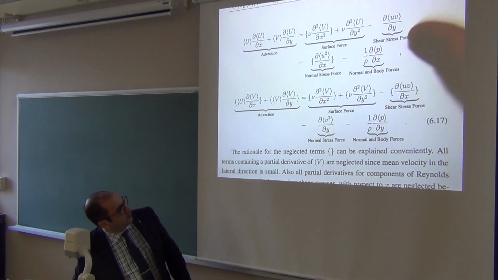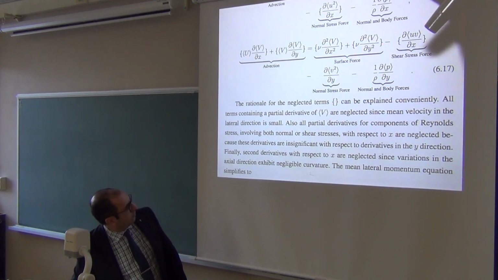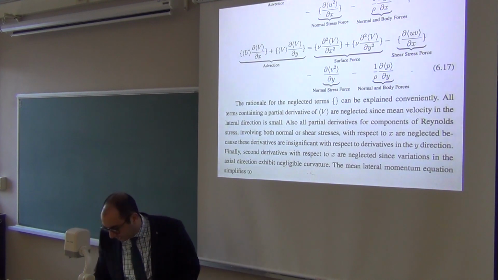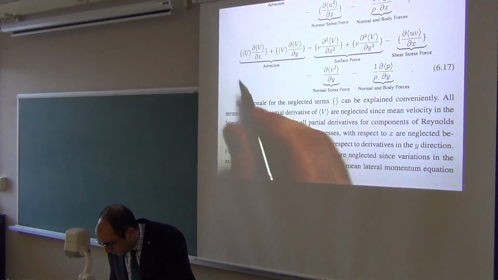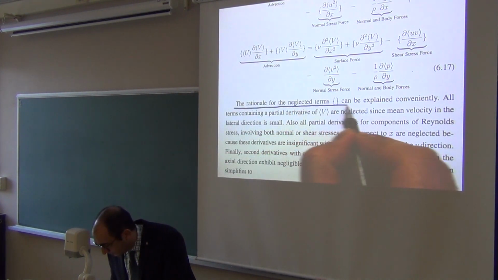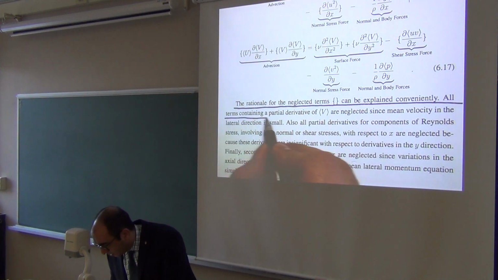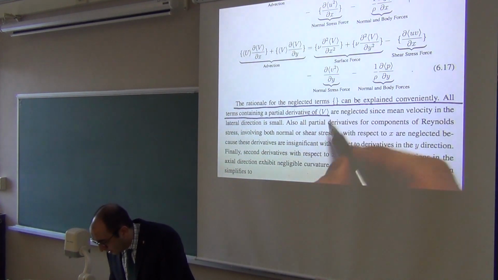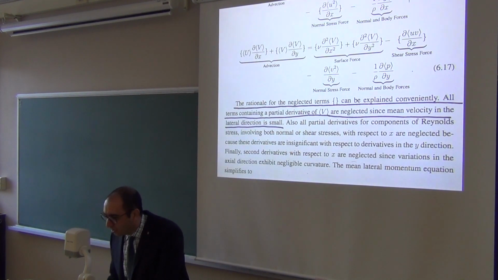I will reinforce the assumptions one more time here in the text. I can underline so the material will settle in. The rationale for the neglected terms in curly bracket is as follows. All terms containing a partial derivative of V are neglected, since mean velocity in the lateral direction was really small.